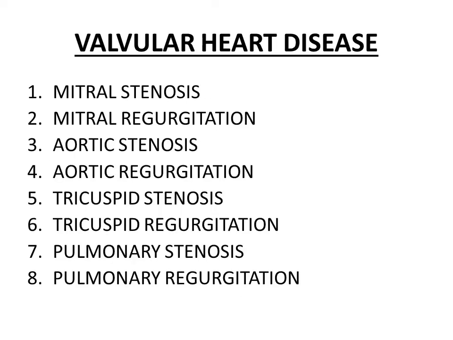Now valvular heart disease includes mitral stenosis and mitral regurgitation, aortic stenosis and aortic regurgitation, tricuspid stenosis and tricuspid regurgitation, and pulmonary stenosis and pulmonary regurgitation. In this video presentation, we only see mitral stenosis and mitral regurgitation. Then in another video presentation, we will continue with the other valvular heart diseases.